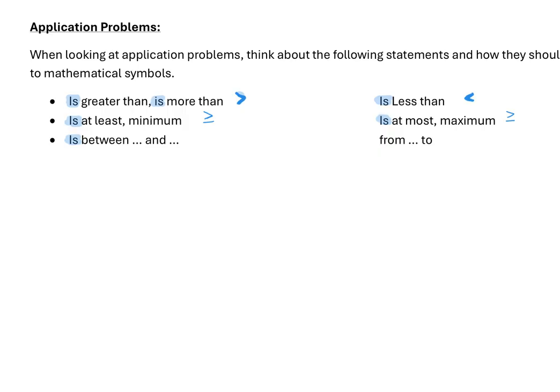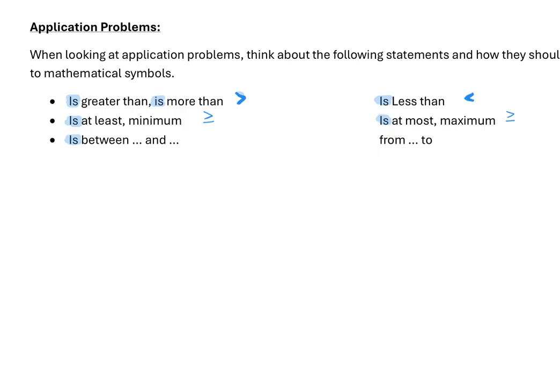If I tell you that you need at least $20 to go to the movies, can you go into the movies with $20? Yes, you can. And so 20 is included in our result. Same thing with minimum and maximum. If the minimum score to pass the class is a 70, you can pass the class with a 70 or higher.